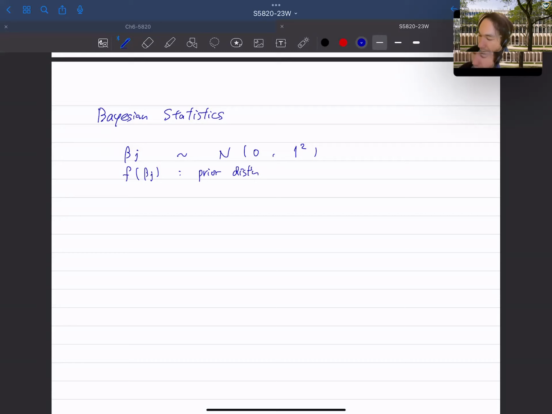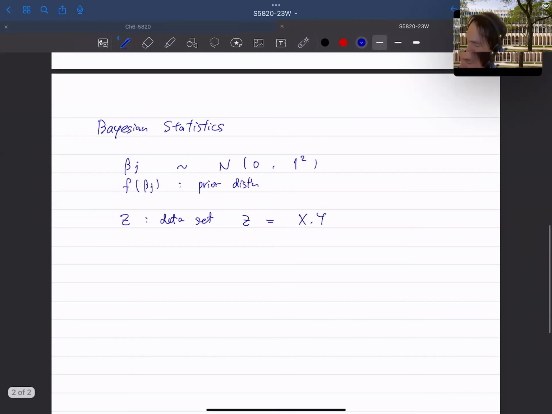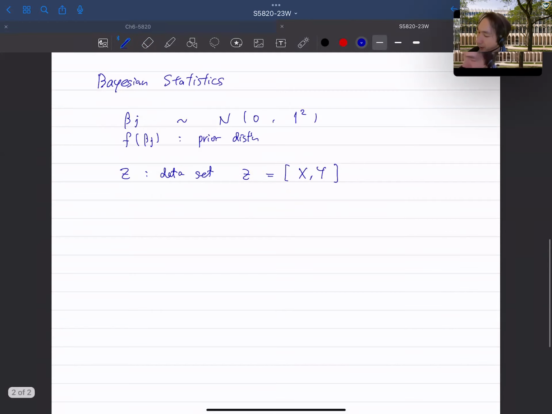And after being given data, suppose X is the data set, or maybe more generally, Z is the data set, where Z consists of the X values and Y values. So Z is the entire data of the predictors and response.